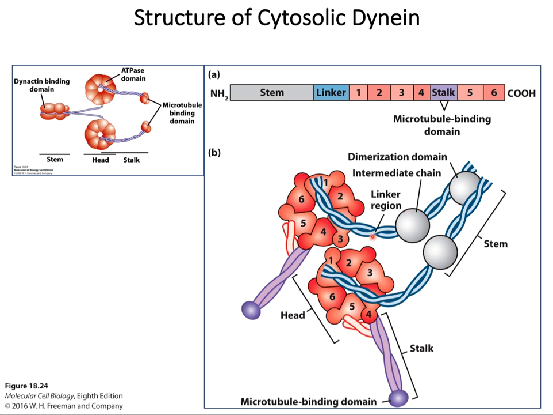The six AAA repeats form a circular structure with a coiled-coil stalk domain that contains the microtubule binding domain at one end. The dimerization domain and the intermediate chains are associated with the stem region, which can link the dynein cargo with the dynactin protein complex that we are going to see.